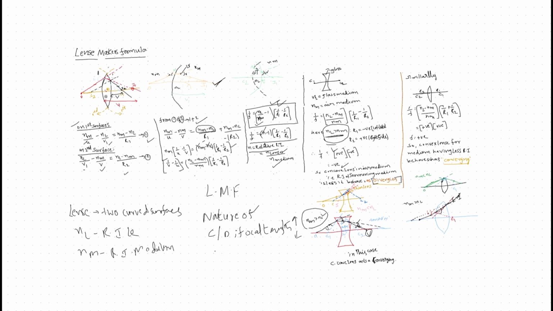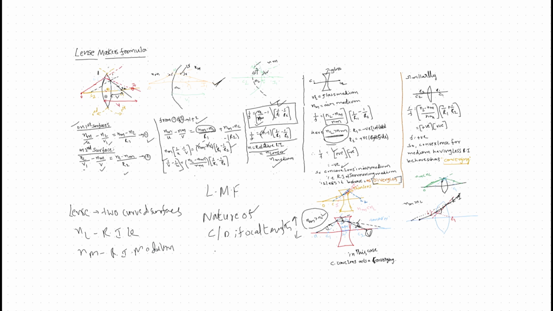Similarly, here also I have given the convex lens. If you take it, for this curvature, C1 is this side and C2 is this side. It means R2, the second surface radius, is this side, and the first surface radius is the right hand side. Therefore, R1 is positive, R2 is negative according to sign conventions. If you substitute now, this is the case NM less than NL.